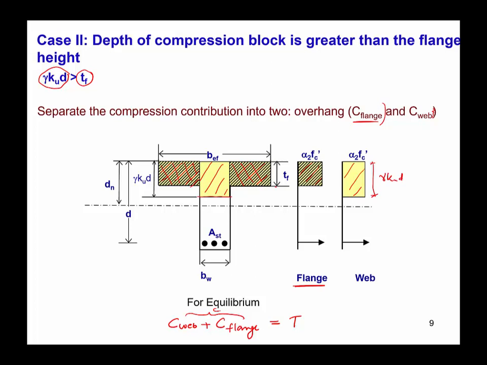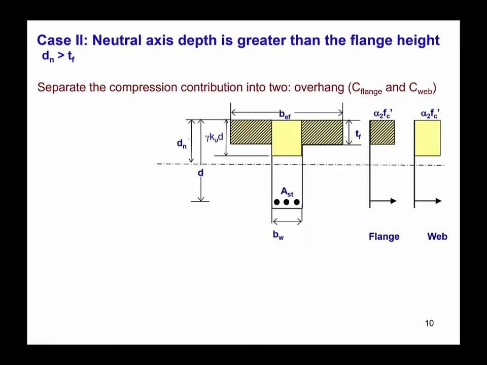It is just to make it easier to find the volume of the equivalent stress block. So for equilibrium, C web plus C flange should be equal to the tensile force T.